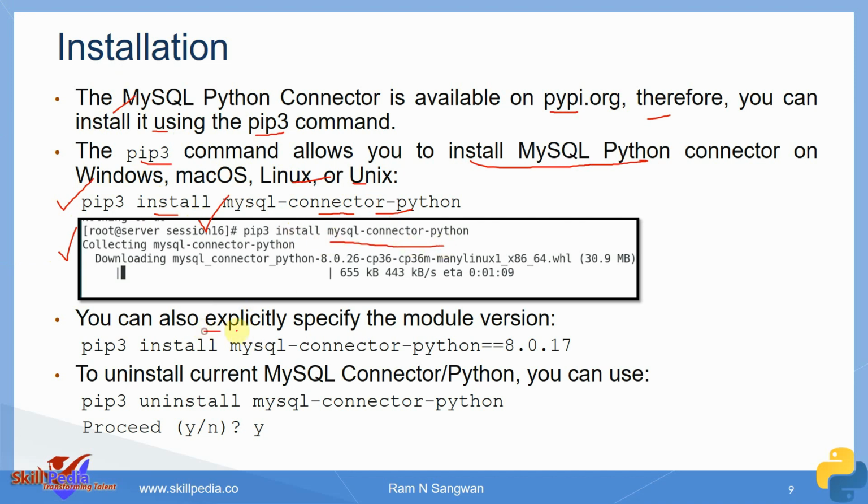You can also explicitly specify the module version which you want to install, so mysql-connector-python equal to 8.0.17. To uninstall the current version, you can use pip3 uninstall. So this is installation and uninstallation of the Python connector.